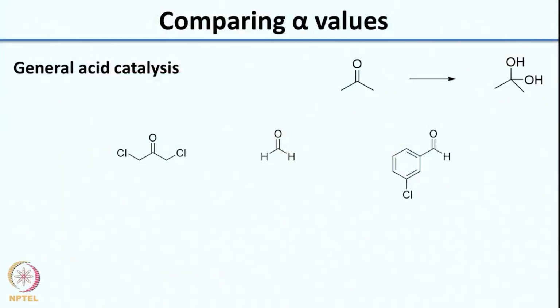So, let us look again, with respect to numbers, at what these values of alpha and beta mean. We will come back to the hydrolysis of acetone. If you have acetone and you are converting it to this diol, let us look at 3 different reactions.